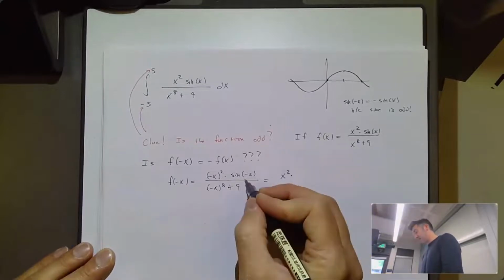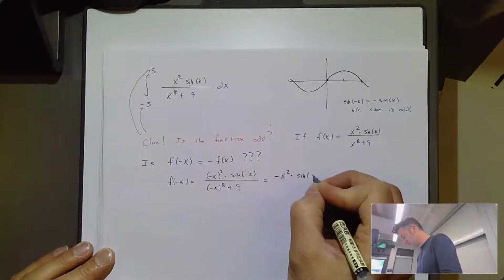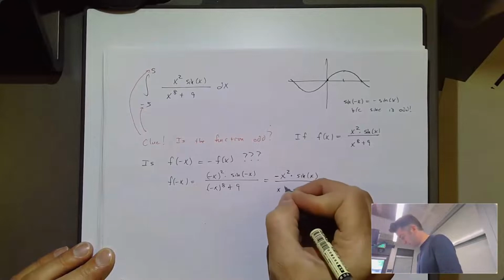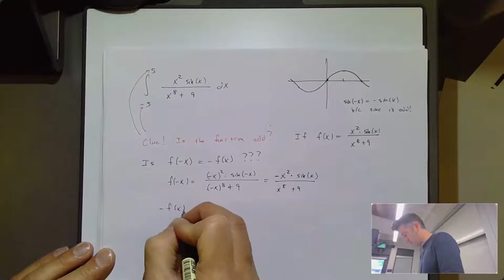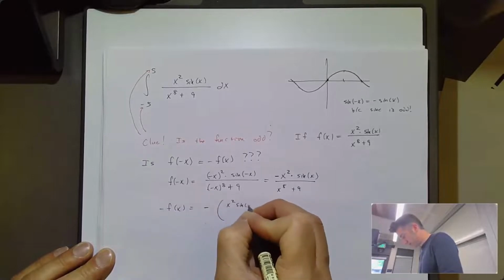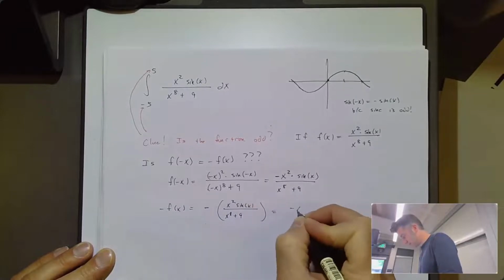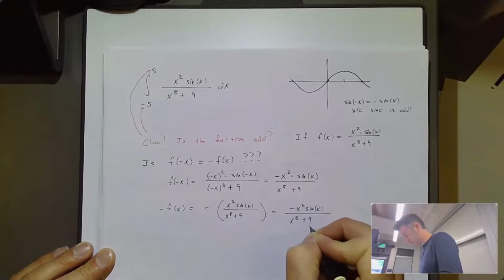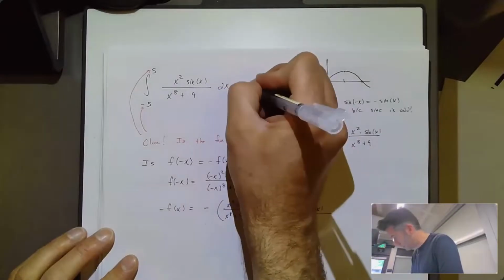And then sine of -x is negative sine of x over x to the 8th plus 9. Oh, look, that's exactly what negative f of x is equal to. So those are equal, which means the function's odd, which means the integral is 0.